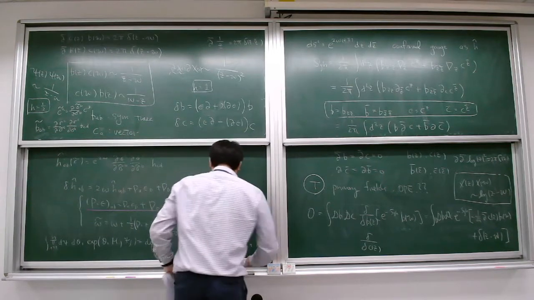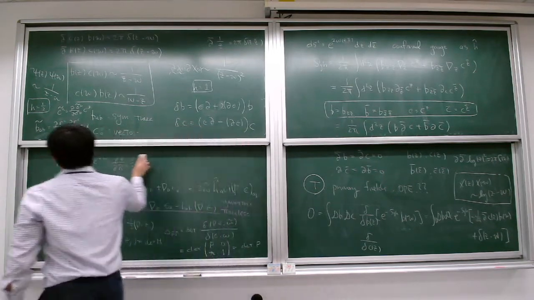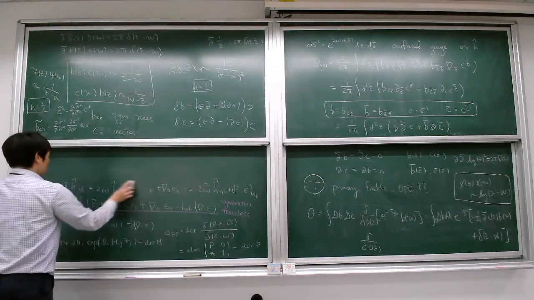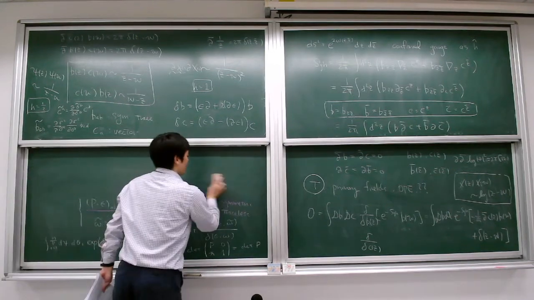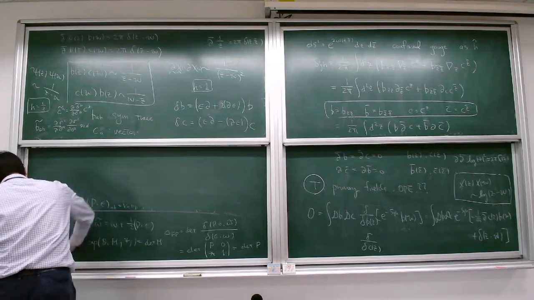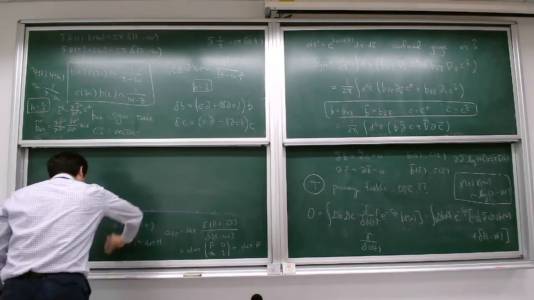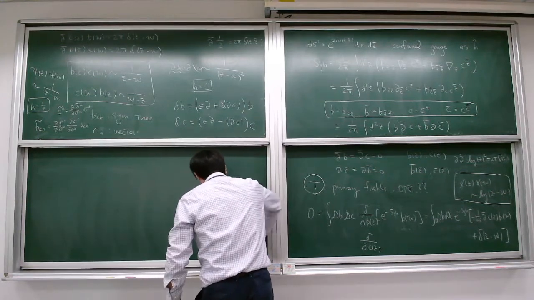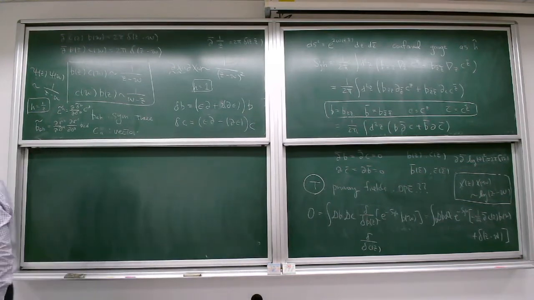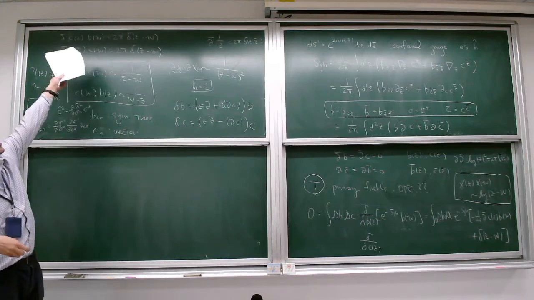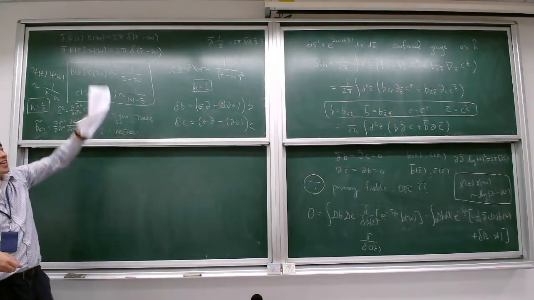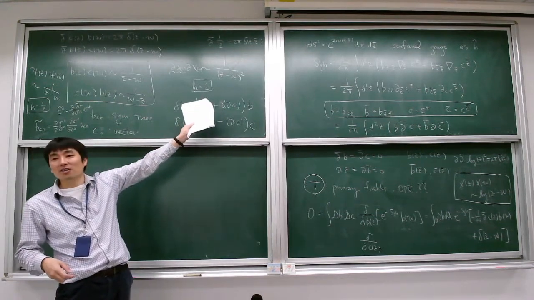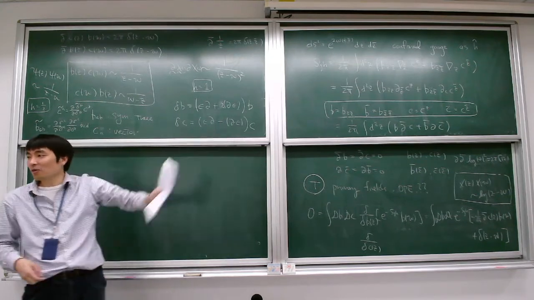So to get this answer, it's easy, as a physicist, to guess the form of the stress energy tensor with this information. We know the OPE of B and C, and also we know the conformal dimension, how they transform under the conformal transformation.